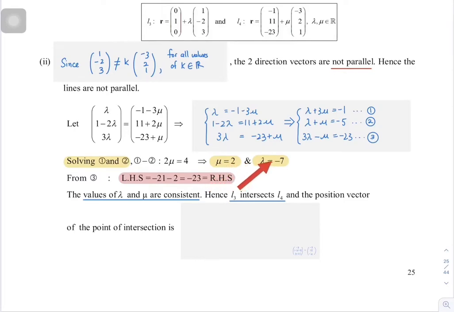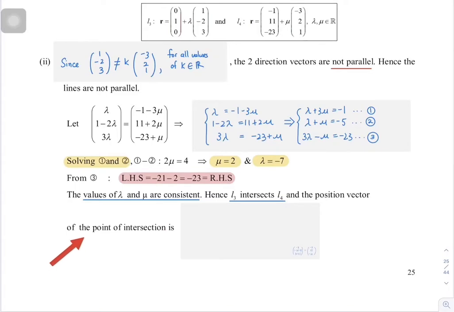To check for consistency in the values of mu and lambda, we substitute these two values into the third equation. From equation 3, we realize that the left hand side equals the right hand side after substituting the two values. So we can conclude that the values of lambda and mu are consistent, and hence the two lines L3 and L4 are intersecting.